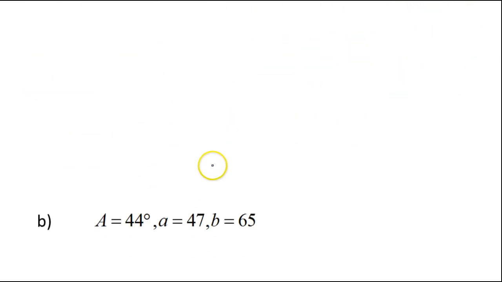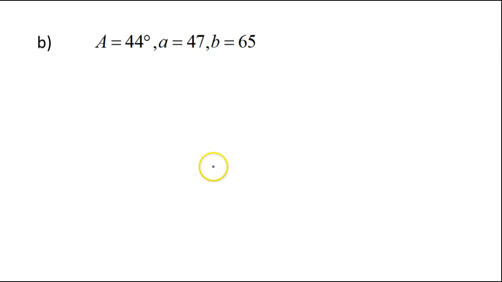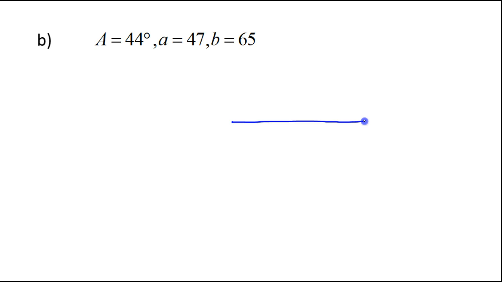So we just move on to the next one. Looking at this one, again I have two sides and an angle. So I will draw my horizontal segment, draw an angle on the left-hand side, and put a dotted line on the right-hand side.